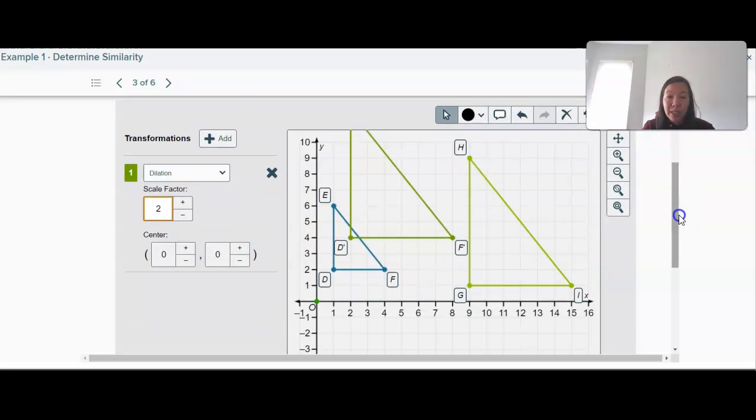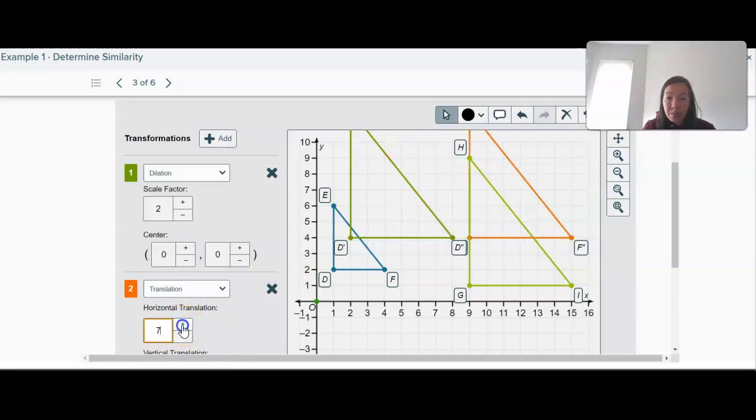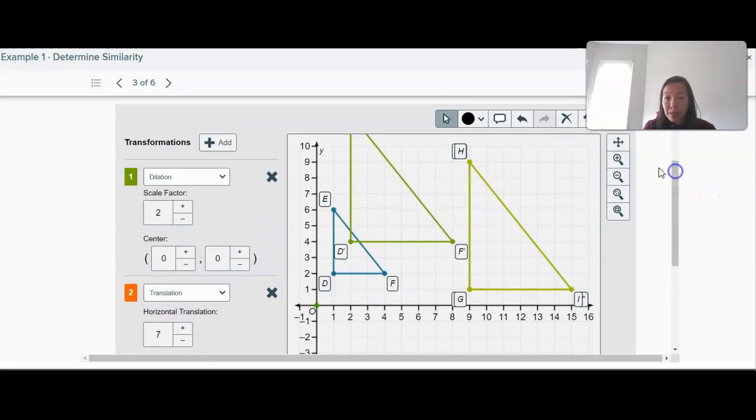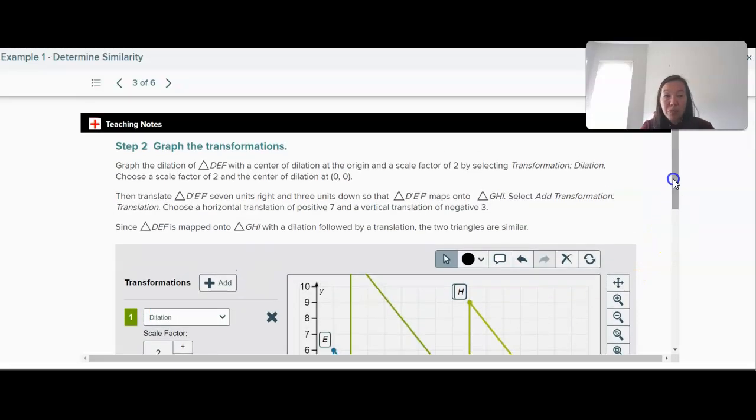Well, if we translate this now, if I translate it down 3, and right 7, so there's right 7, and here's down 3, then you can see that it maps right onto that orange triangle there. So if DEF is mapped onto GHI with a dilation, followed by, in this case, a translation, it could be a rotation or reflection as well, then the two triangles are similar.